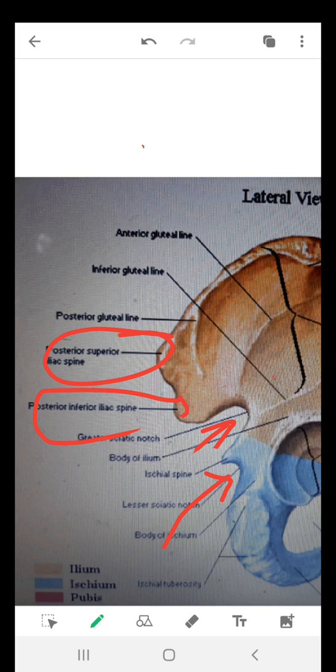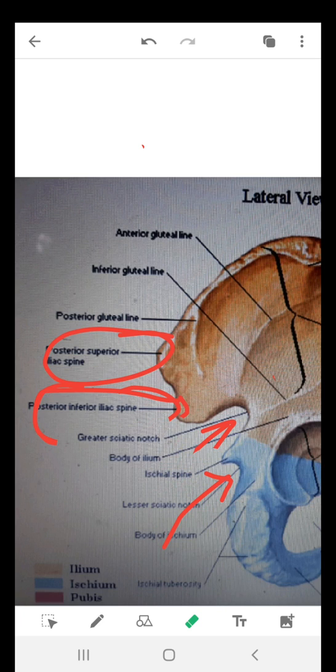So it is safe to say that the posterior inferior iliac spine forms the superior margin of the greater sciatic notch. Why not the ischial spine?